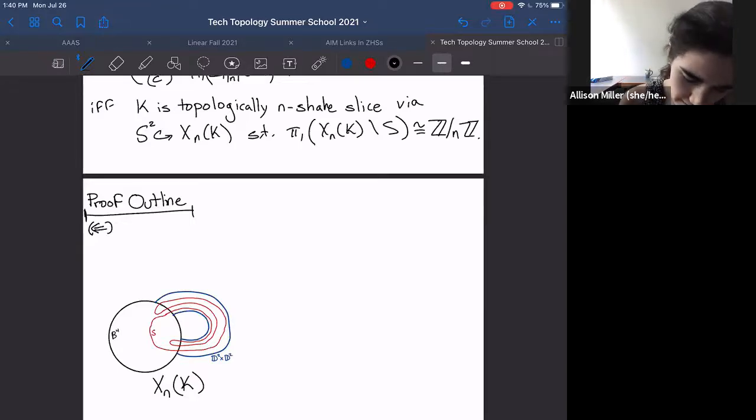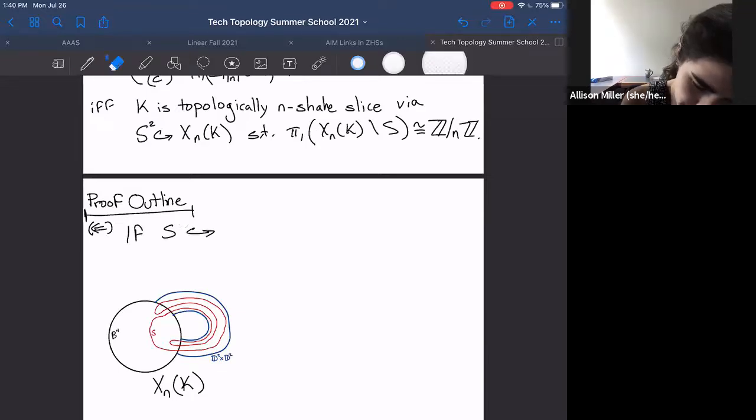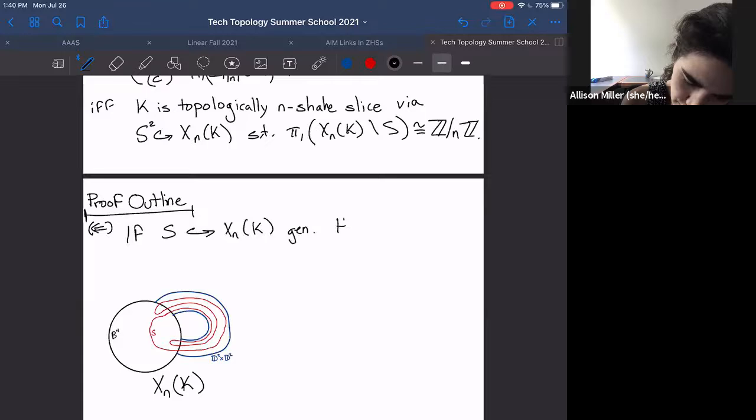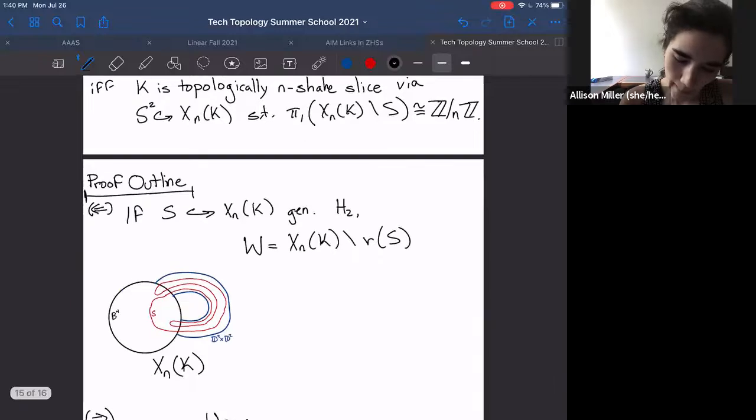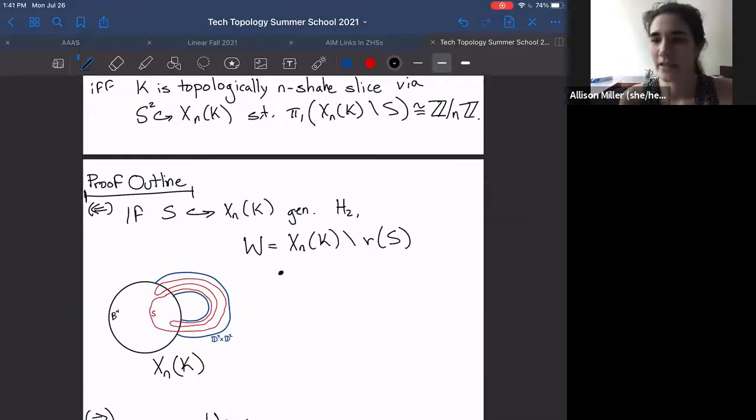So what's the outline here? So if we have a generator for second homology, we have S and K generating H2, then what we're going to look at is W, which I'm just going to call the exterior of S. Okay, so what do we know about W? It has like two or three key properties here.